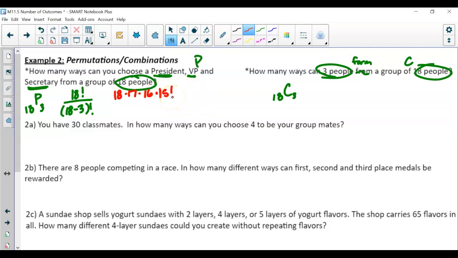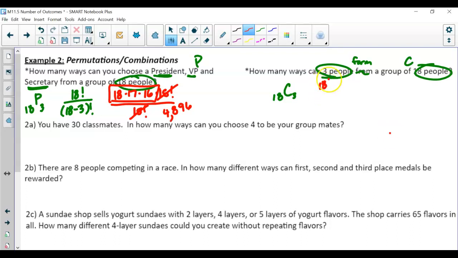I'll stop at 15 factorial because then in the bottom you have 18 minus 3, which is 15 factorial. So again, notice the 15 factorial divided by 15 factorial is 1. So there it is, 18 times 17 times 16. So there are 4,896 ways that you can create or choose those 3 people versus just how many groups can there be made.